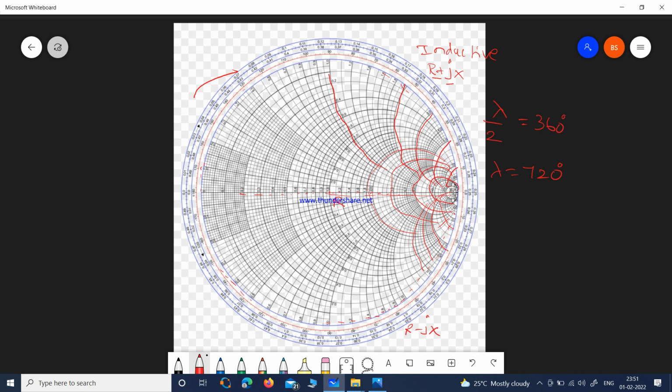Apart from this, we have a few other parameters. We have seen resistance circle, reactance circle, what is standing wave ratio, what is lambda, right? Apart from that, towards generator. Based on the problem, we need to find that angle. The outer part will help you to find the lambda value, angle.